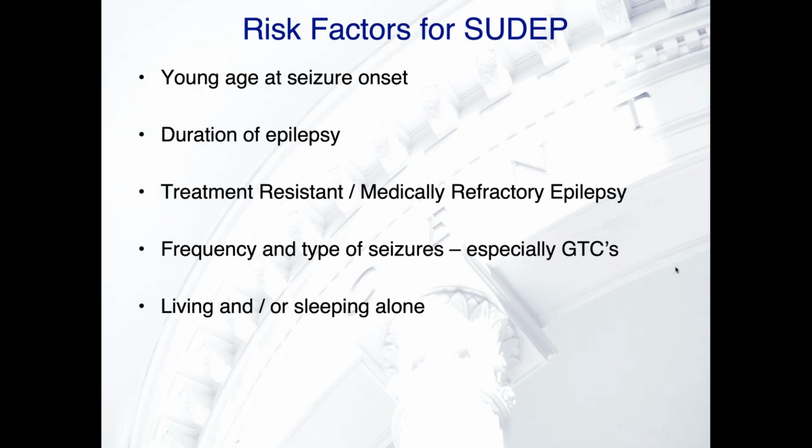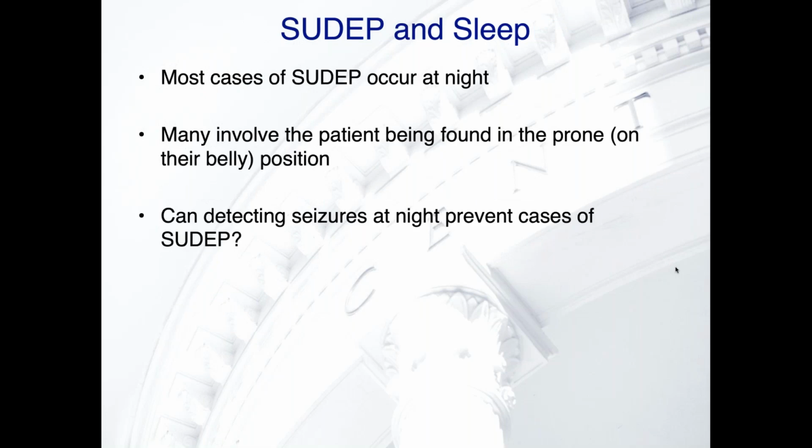Finally, if you live alone and or sleep alone, you're at higher risk for SUDEP. And that's mainly because most cases of SUDEP occur at night. And often a patient who's passed away from SUDEP is found prone, meaning on their belly.